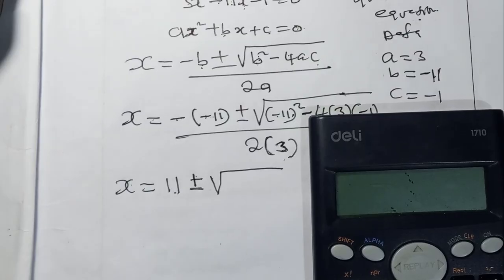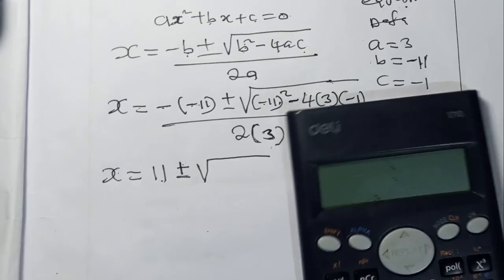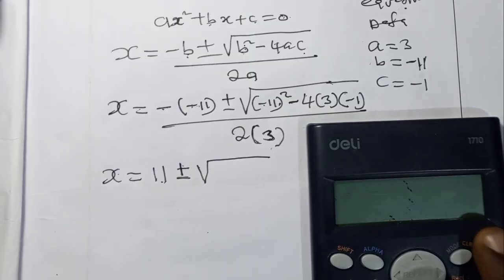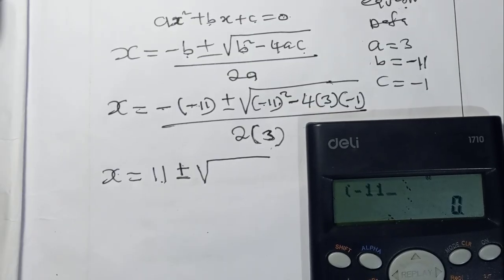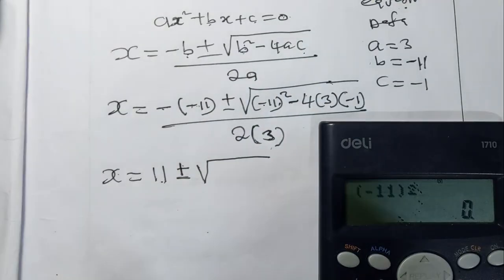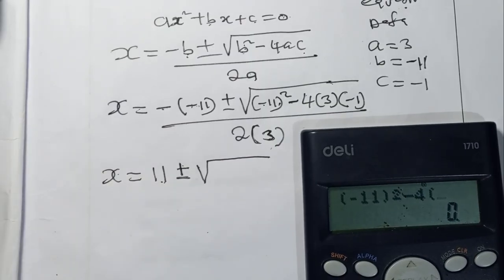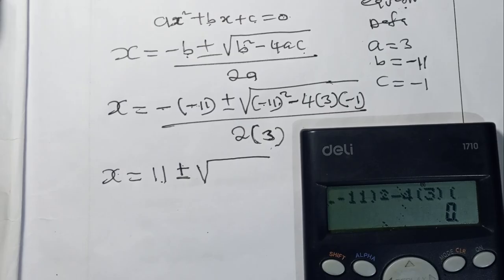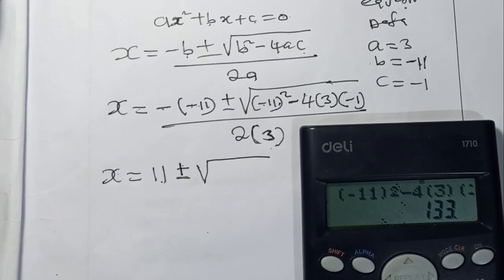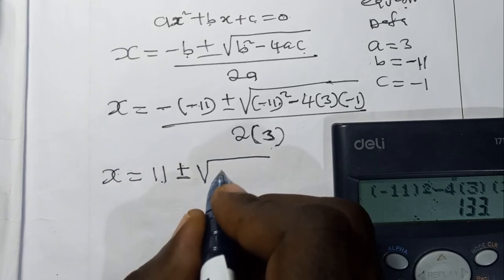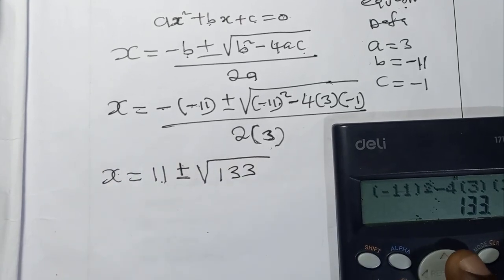Now we are supposed to punch in whatever we have in the brackets. So we have open bracket, open bracket negative 11, close bracket, raised to the power 2, minus 4, then open bracket 3, close bracket, then open bracket again, negative 1. What we have inside is 133.